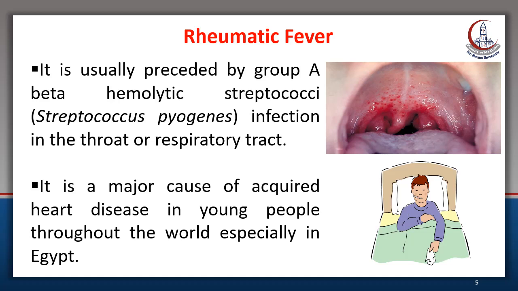It is usually preceded by infection with Streptococcus pyogenes, one of the beta hemolytic streptococci. The group A beta hemolytic streptococci cause infection in the throat or respiratory tract.